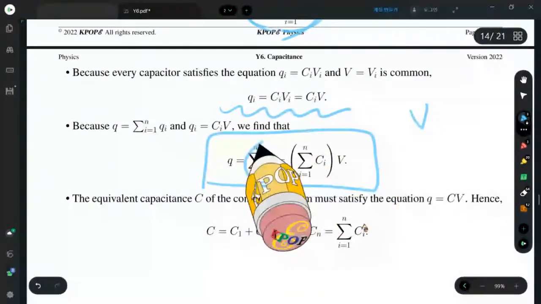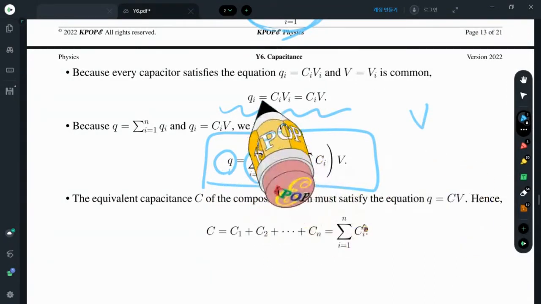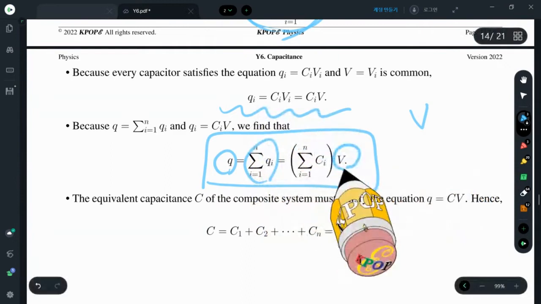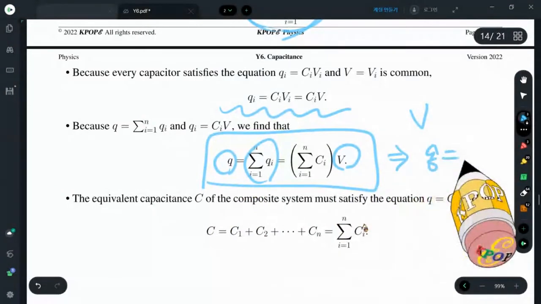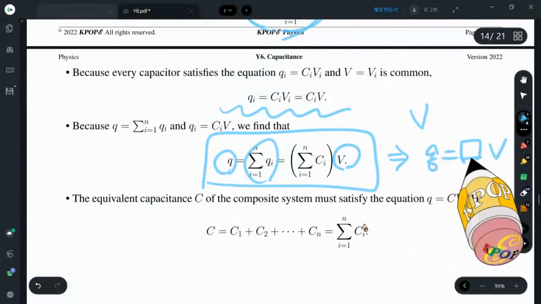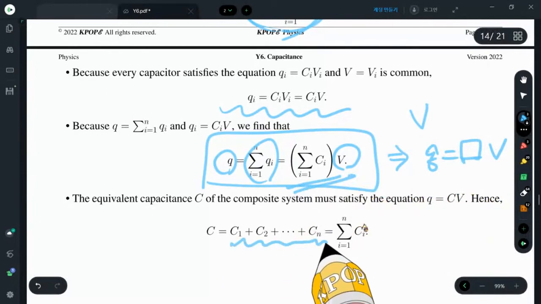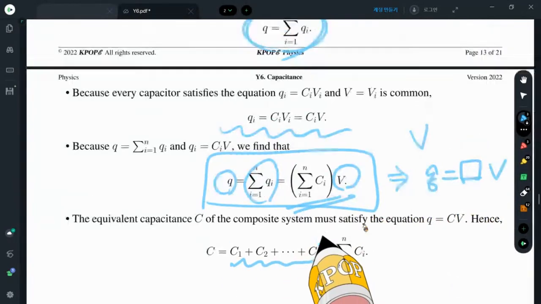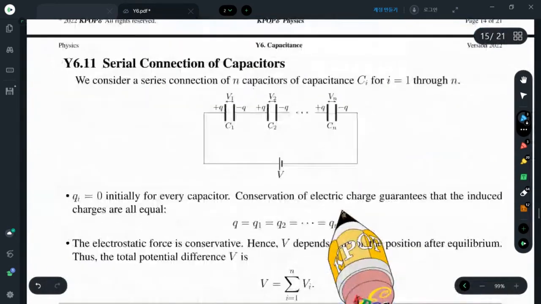We have the sum of charges as the net charge. And for the sum of charges, each charge is Q equals Ci V, and V is factored out. Oh, we are done. Q equals something times V, and this something is the capacitance. This is nothing but the algebraic sum of the capacitances of all the capacitors, if you consider a parallel connection.